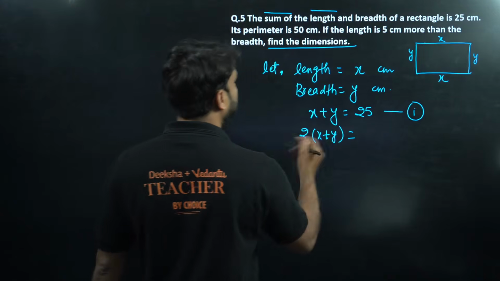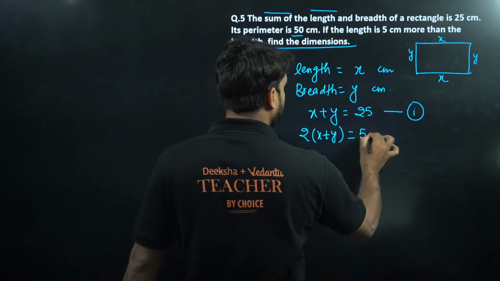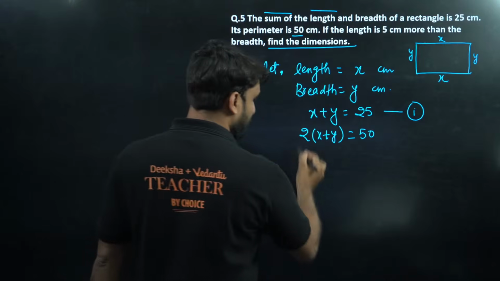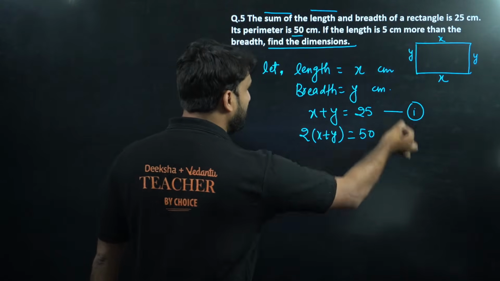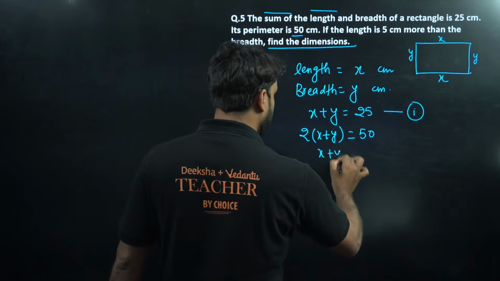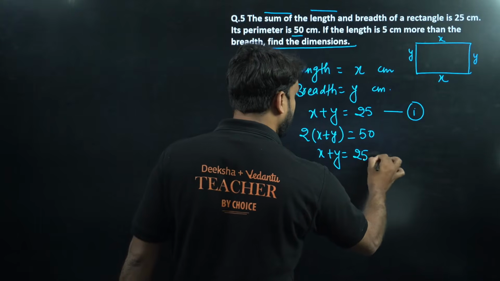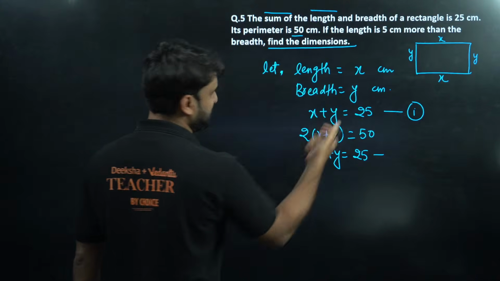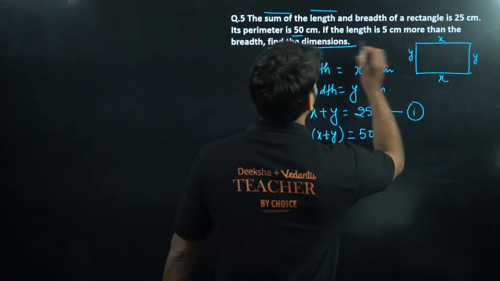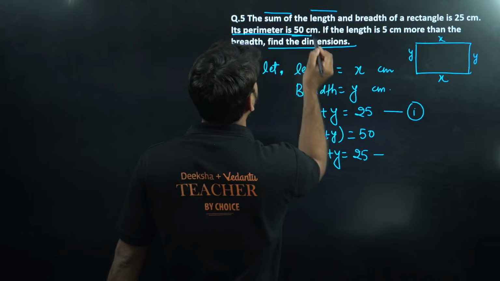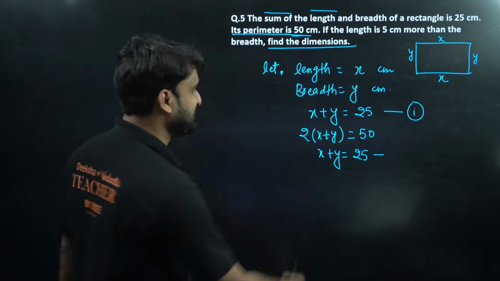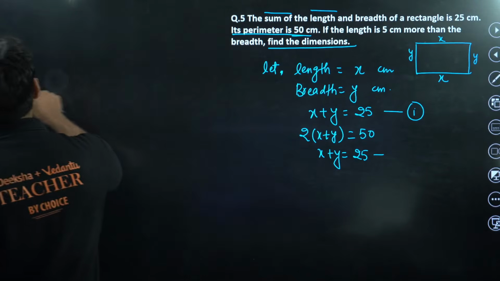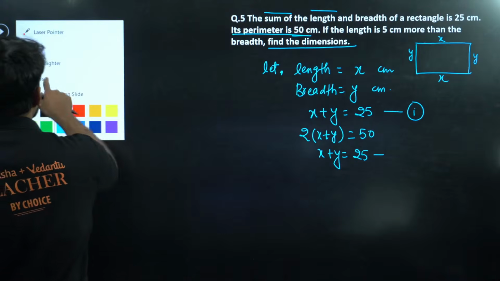So 2 into x plus y will be equal to 50. 2 will go there, so again we are getting x plus y equal to 25. The equation we have in first form is the same as the equation we are getting from this information. This is not making any sense, because both the equations are the same.